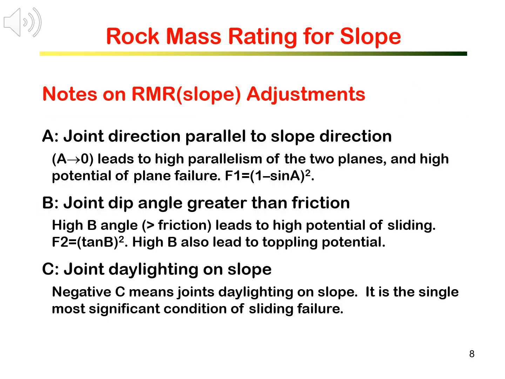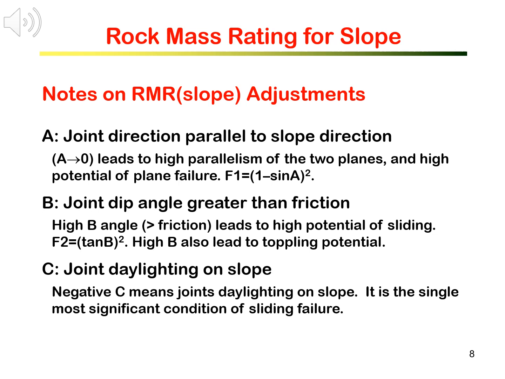Let us recap and summarize what adjustments F1, F2, and F3 are representing in the table we just went through. Parameter A checks if the joint is parallel to the slope by comparing joint direction to slope direction.